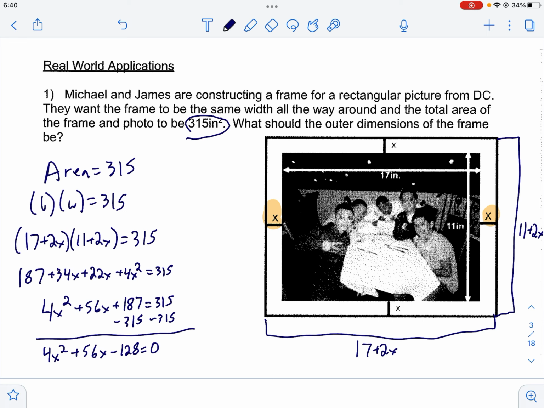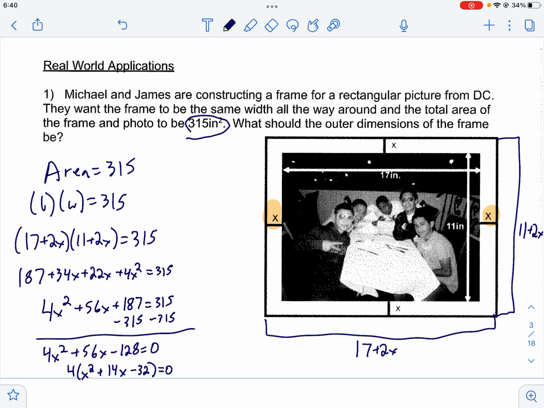Some alarm bells should start going off in your head. Since all of these numbers are even, we know there's a GCF. If you investigate further, you'll find that GCF is actually 4. And that leaves behind a trinomial with an a term equals 1. So 4 is the greatest common factor, leaving behind x squared plus 14x minus 32.